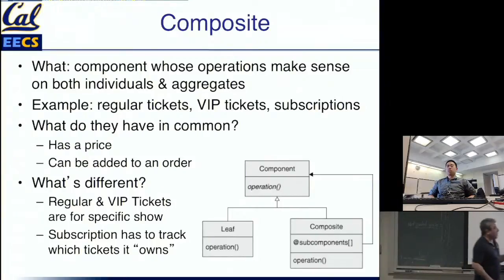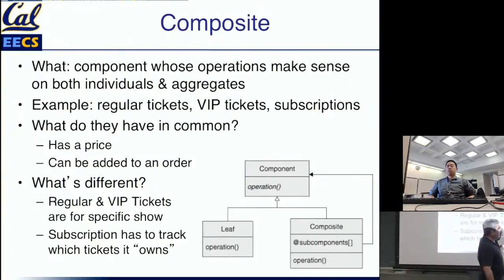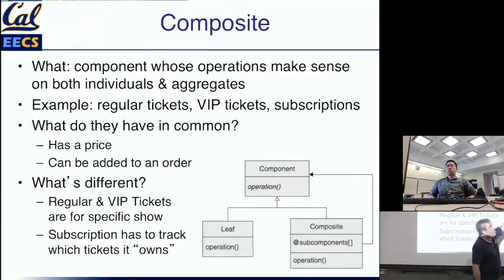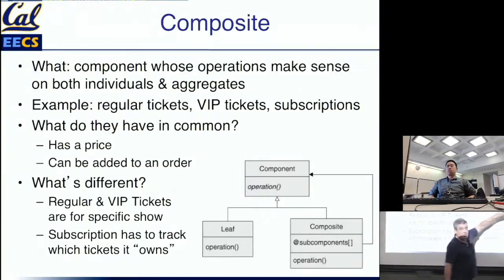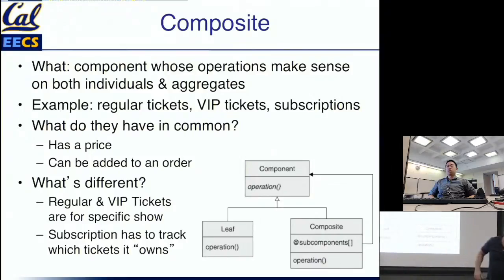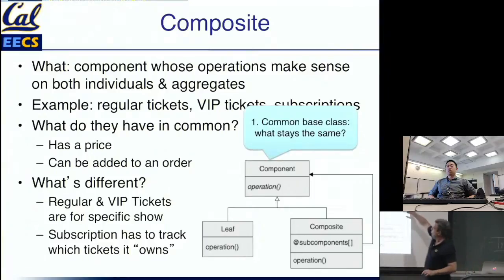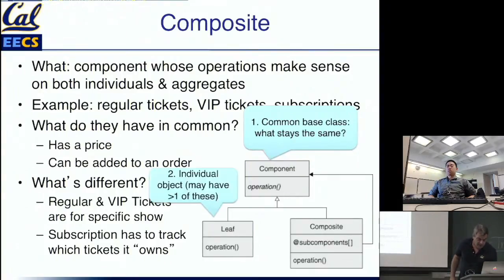So essentially, the way you model something like this is there's a base component, where the behaviors that don't change go. You might even think of this as an interface in some cases. The base class holds the things that are the same whether you're doing it to an individual item or to an aggregate of those items, so that it has a price and can add itself to an order. Those things are in common.